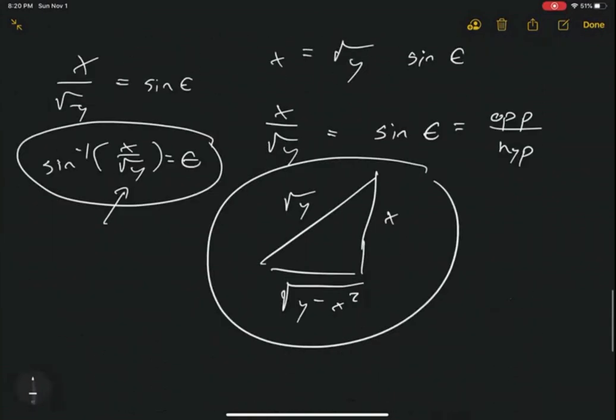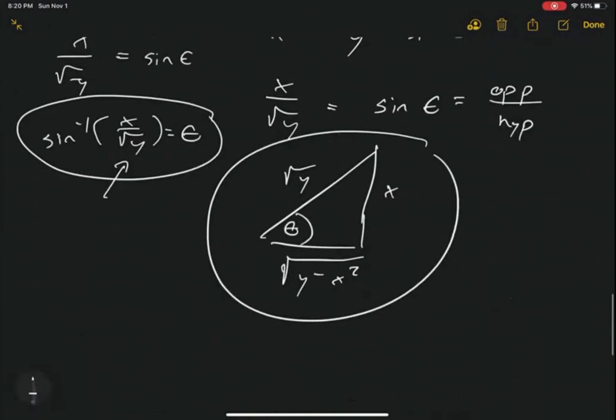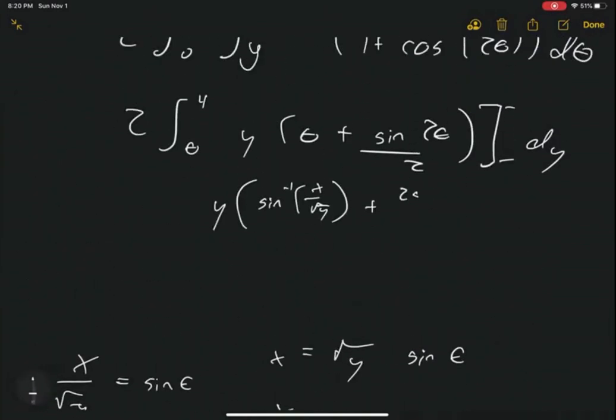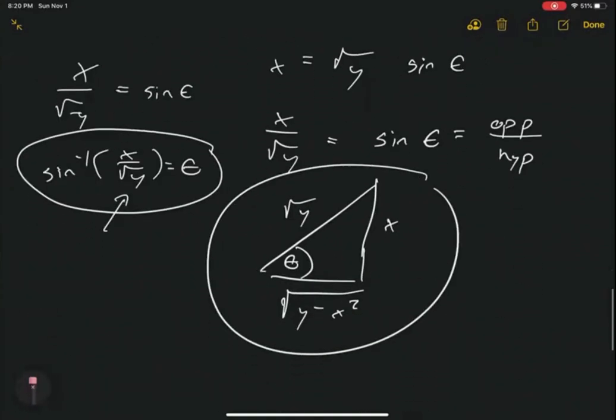Sine 2 theta is hard, since this is all in terms of 1 theta. So what's sine 2 theta? We'll use the identity: sine 2 theta is 2 sine theta cosine theta. These 2's cancel, and I just have sine theta cosine theta. Now I can figure out what sine theta and cosine theta are from my triangle. Sine theta is opposite over hypotenuse, so this over this.